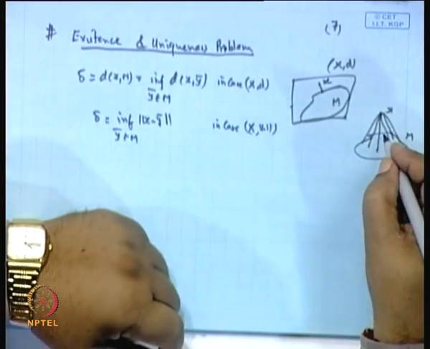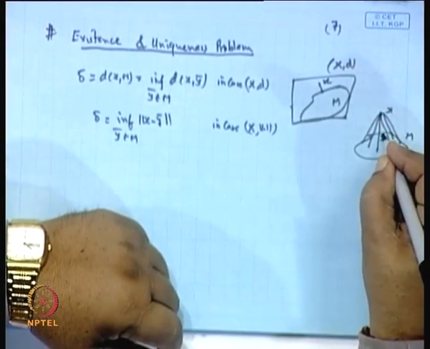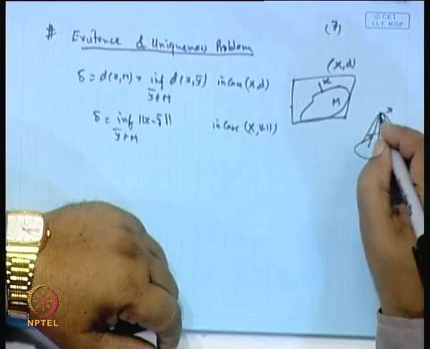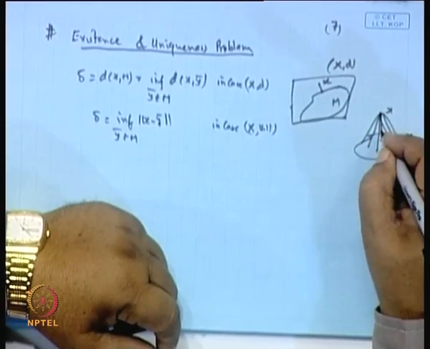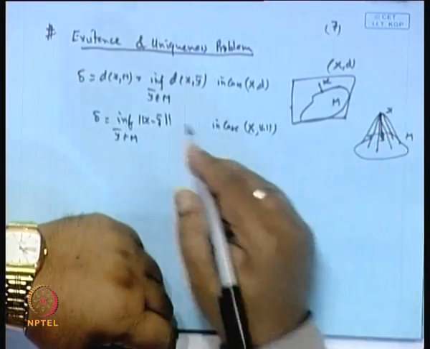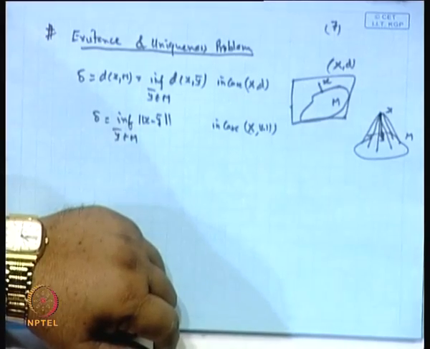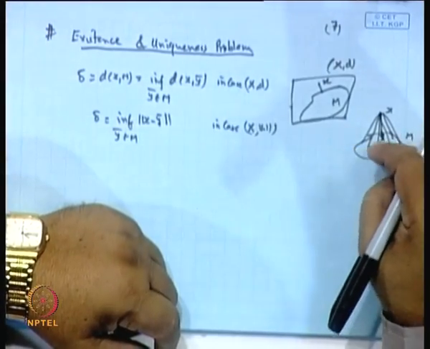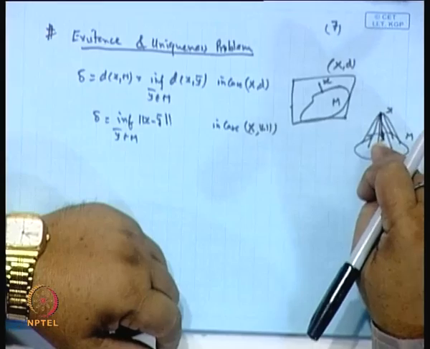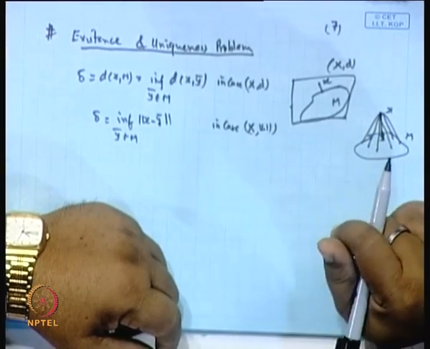Are you getting a point y in the set M where this distance from x to y is the same as the infimum? If it is so, then we say the existence of y is guaranteed.